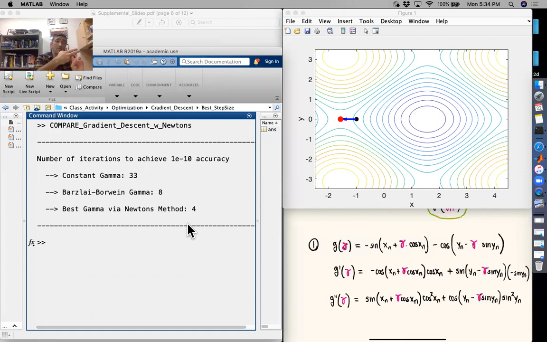We don't even converge at all. Newton's method to find the best step size just has some problems. So we have a bunch of options. We can go with the constant gamma, we can go with the Barzilai-Borwein step, or we can try to find this optimization scheme, and maybe instead of using Newton's method, we use something else like a golden section search to find the best step size.